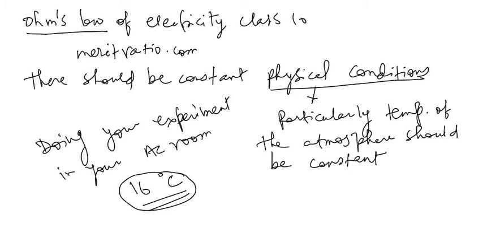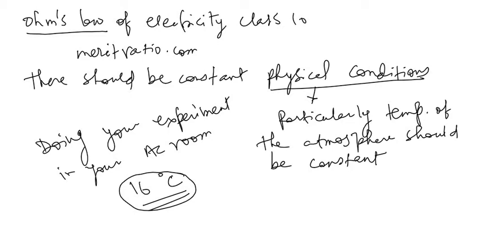No one is allowed, while doing the experiment of Ohm's law, to change the temperature from 16 degrees Celsius to 17 degrees Celsius, or from 16 degrees Celsius to 15 degrees Celsius. In this situation, the graph you get will never be a straight line.